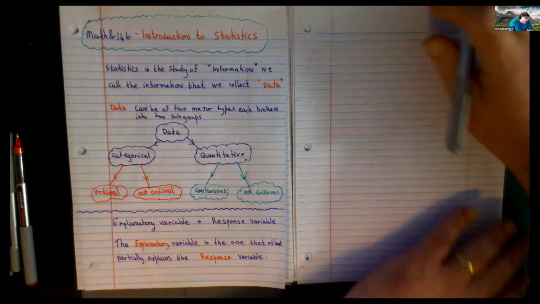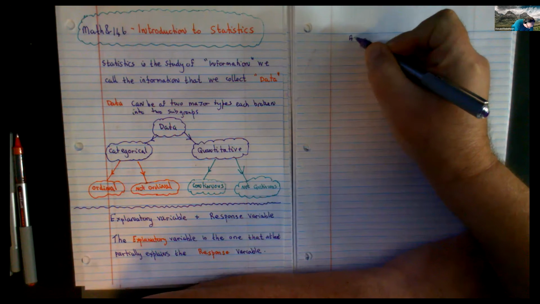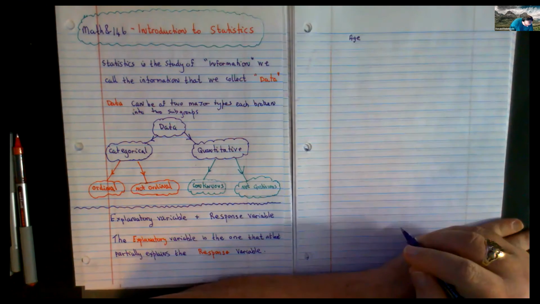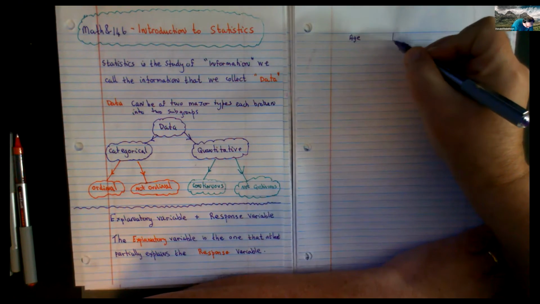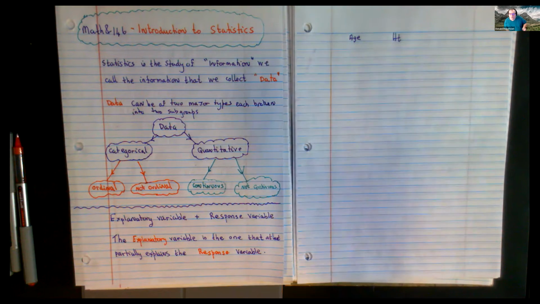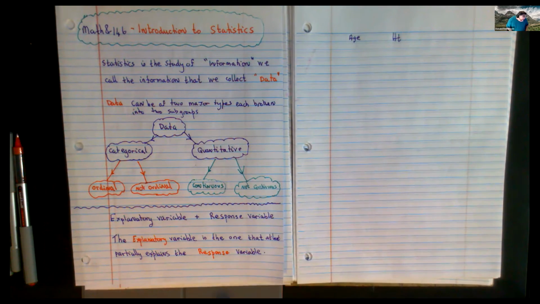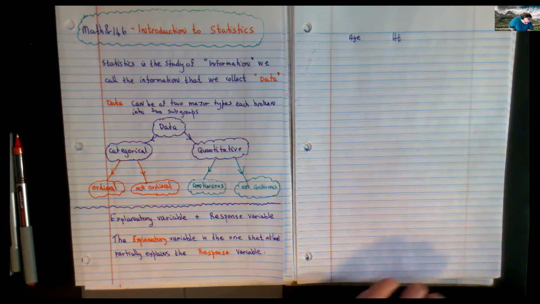For instance, you ask someone their age, and then you find out what their height was. Age is a variable: I'm 24, I'm 16. Height is a variable: I'm 62 inches, I'm 71 inches.